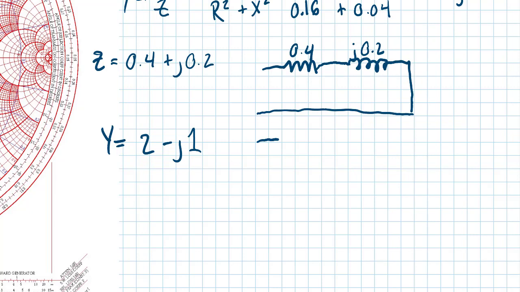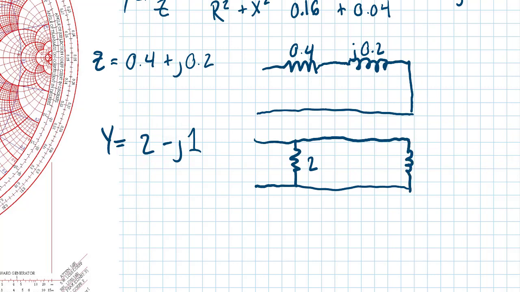So what that implies is the simplest parallel circuit is going to be a parallel conductance with a value of 2 mhos and a parallel inductor with a susceptance of minus j1 mhos. And again, we can calculate what the actual inductor value is if we are given the frequency. So these two circuits are equivalent.